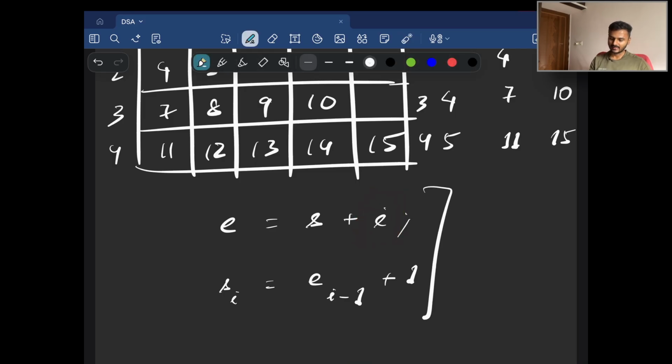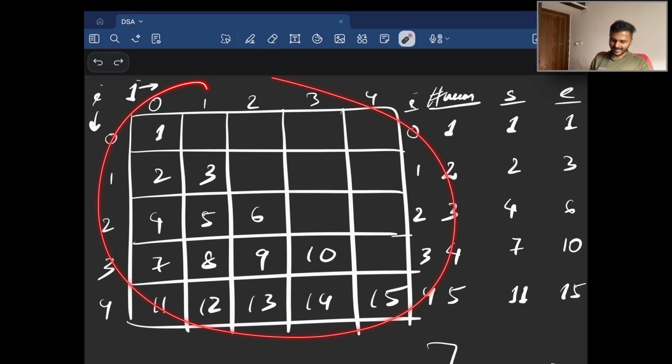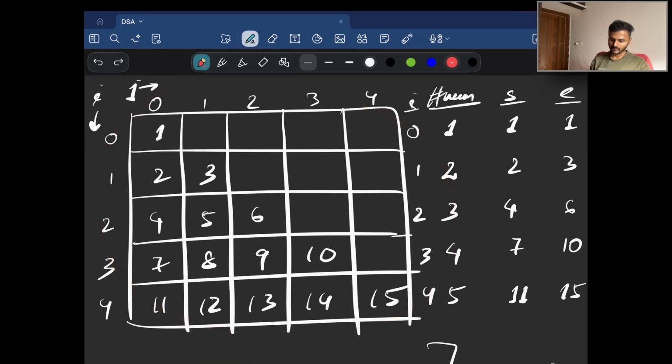And keep in mind that in these cases, i is starting from 1 and going all the way up to n minus 1, right? So if we take a look at this, what we would notice is the first row started at 1 and ended at 1. So it took one number, right? The second row would start at 2 and will end at 3. So it took the next two numbers, right?